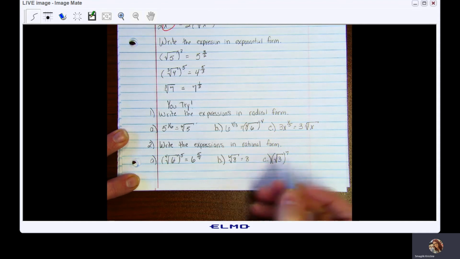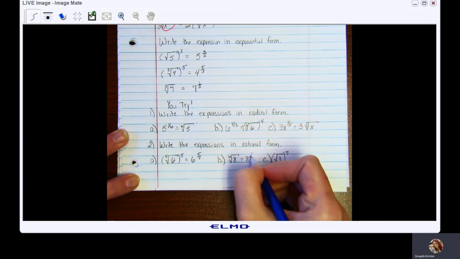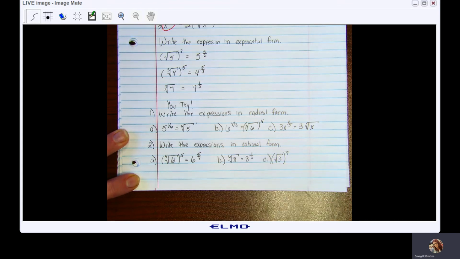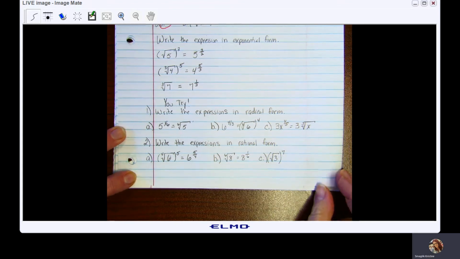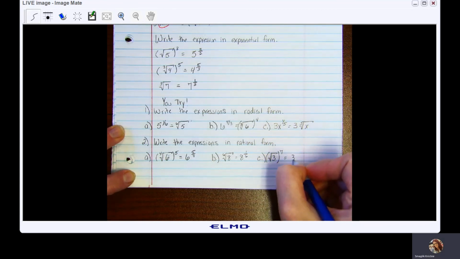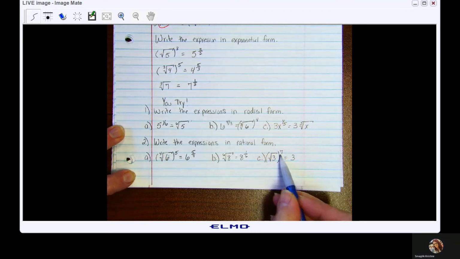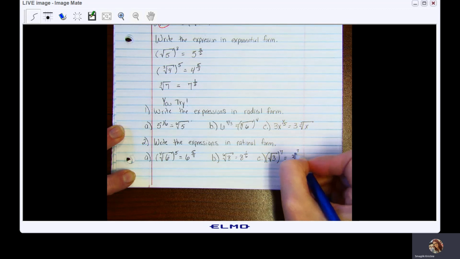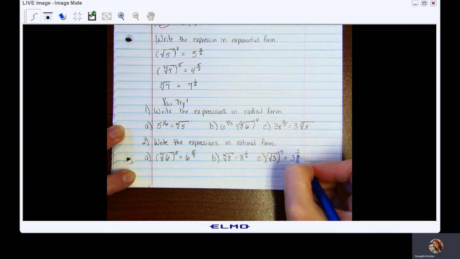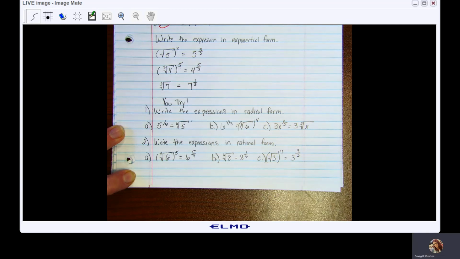I don't see an exponent, so that means it's just a 1. And your index is 6. 8 to the 1/6 power. And now on C, my base is 3. Exponent is 7. And your index, or the root that you don't see, that's a 2. 3 to the 7/2.